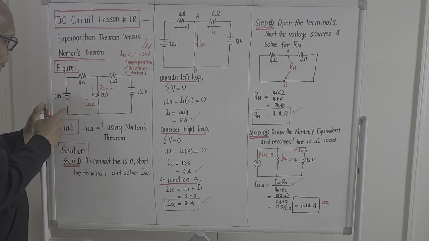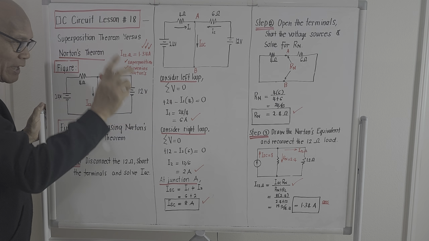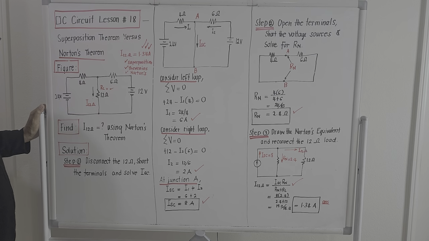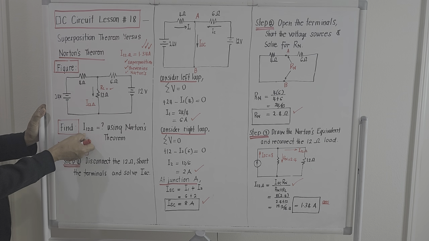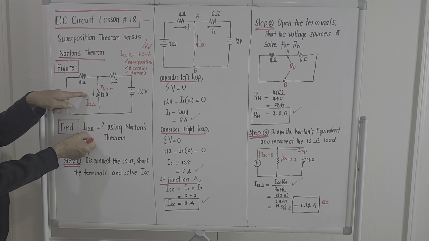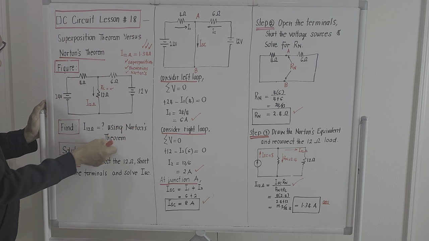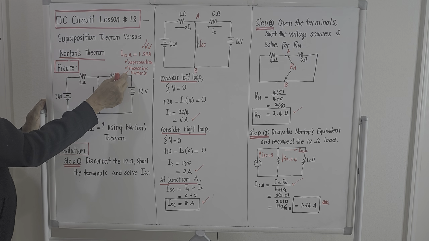So for tonight, it will be 24 volts and 12 volts. The problem is just asking what will be the current passing through this 12 ohm load here using Norton's theorem. That's our third solution.